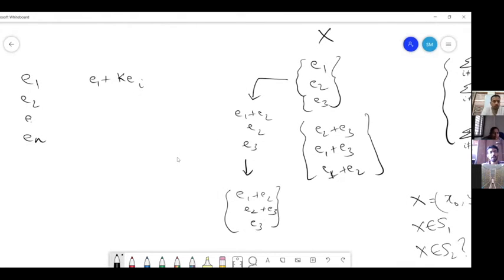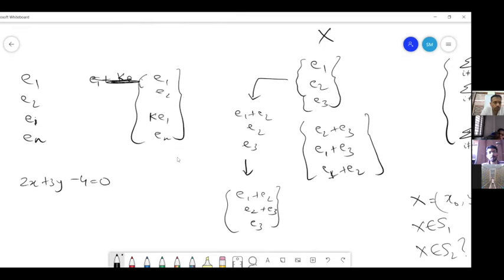Now we'll just take this Ei. If I replace Ei, the rest are all the same. If I replace E1 by K times E1, then is the system still the same? So if Ei is 2x plus 3y minus 4 equal to 0, I'm replacing this with 4 times this. So 8x plus 12y minus 16 equal to 0.